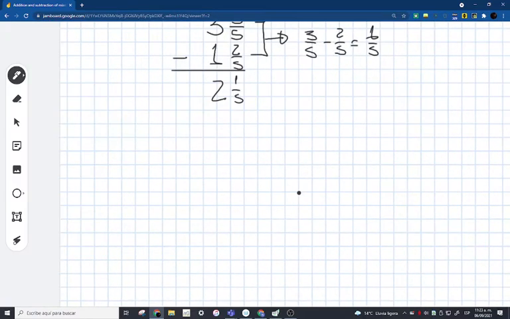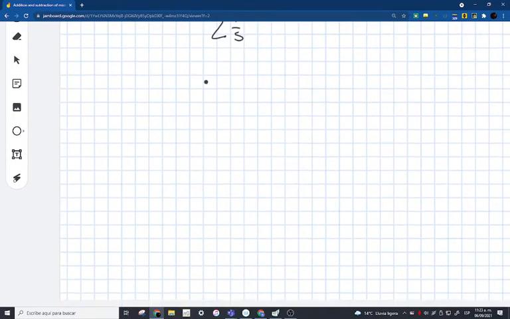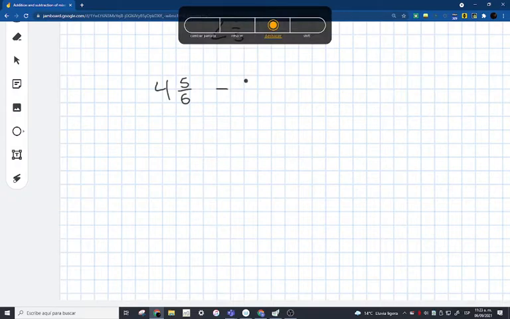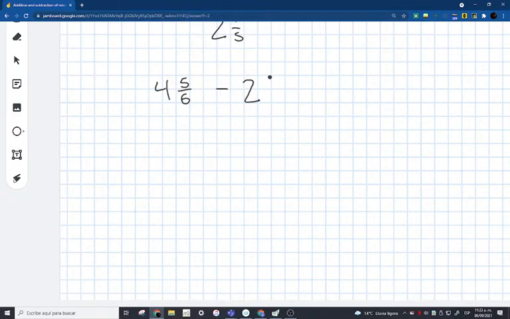Okay, so imagine this new case. Imagine that I want to make 4 and 5/6 minus 2 and 3/6.